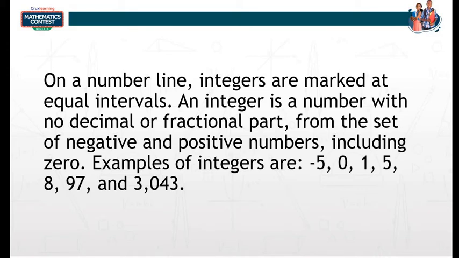I have instances here: -5, 0, 1, 5, 8, 97, 3043. These are whole numbers, negative and positive, with no decimals and no fractional parts. They are referred to as integers, and I'm going to be using them on my number line today.